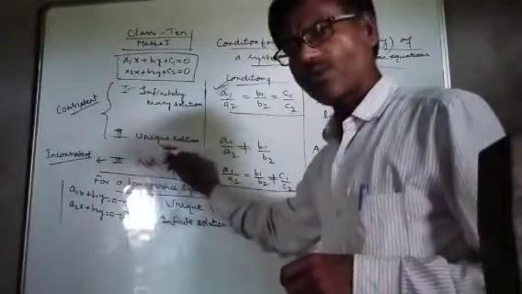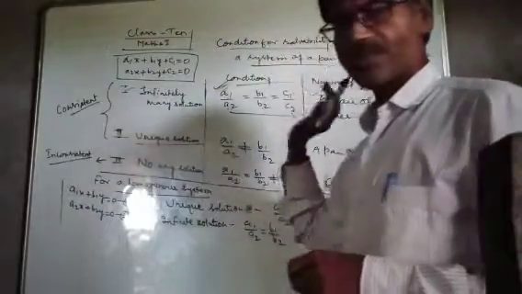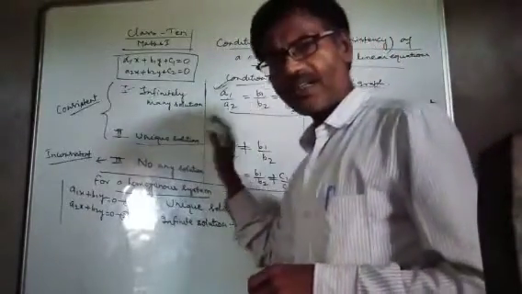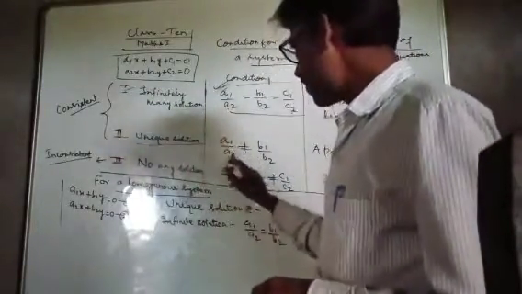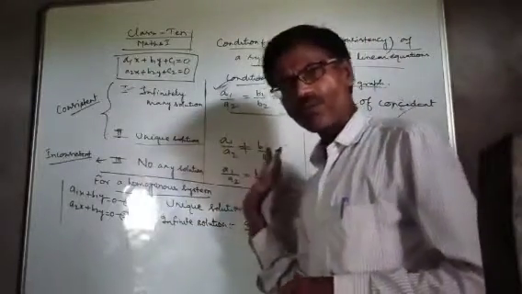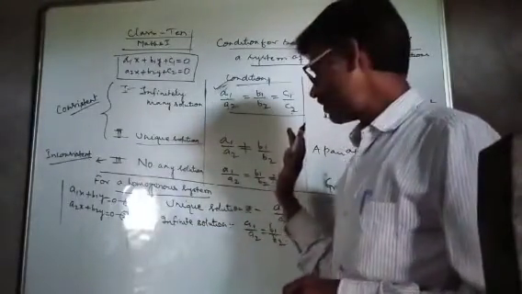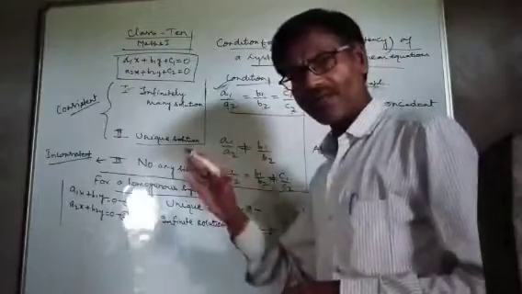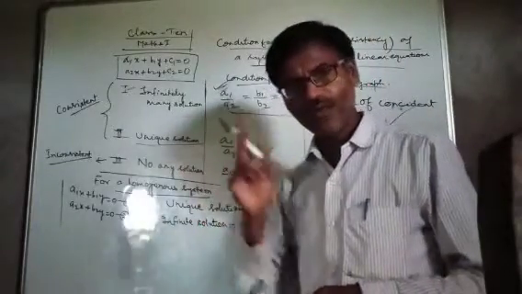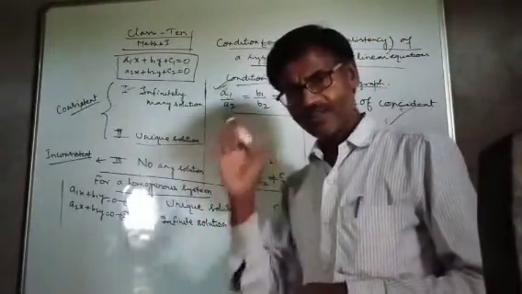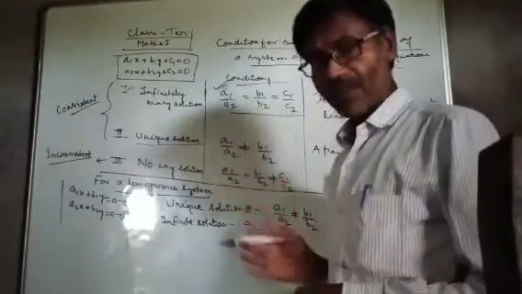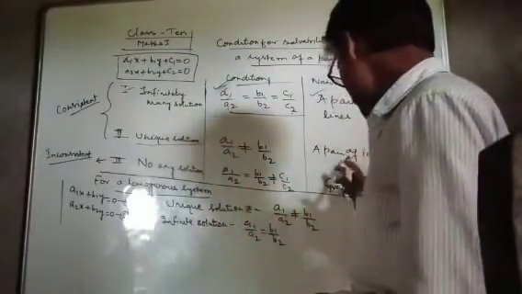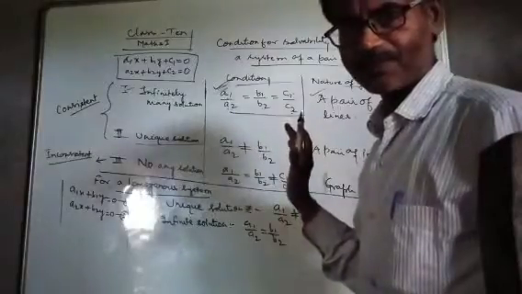Condition for unique solution. Unique means only one solution. So condition for unique solution is a1 upon a2 not equal to b1 upon b2. In this condition, the pair of equations has only one common solution and the graph lines intersect at a point.